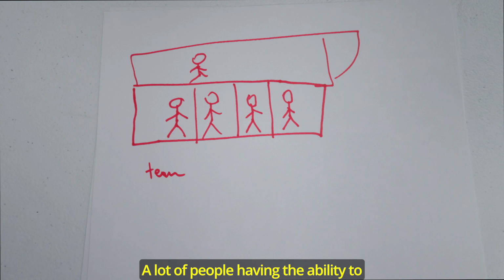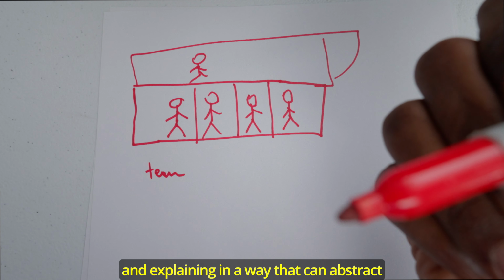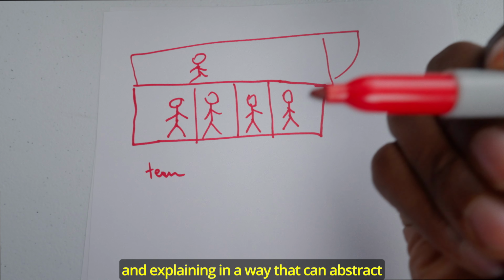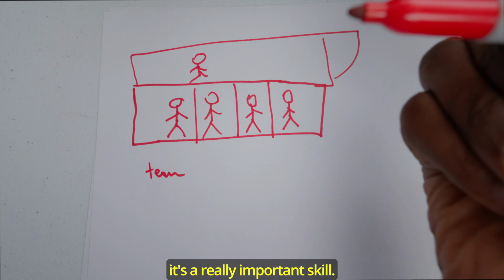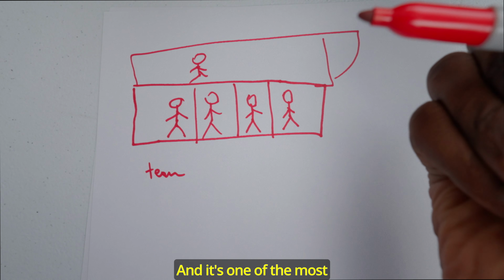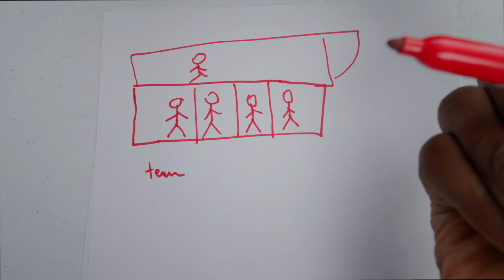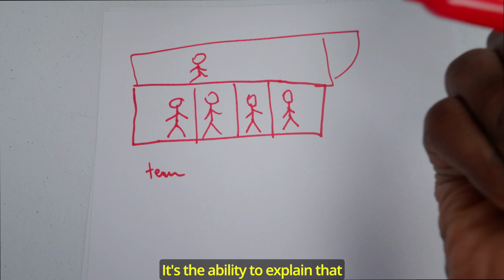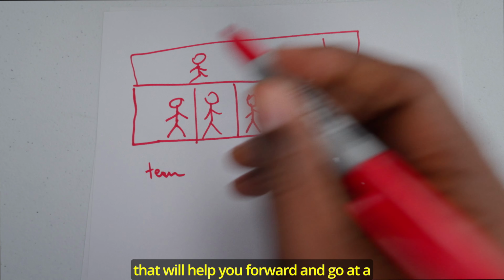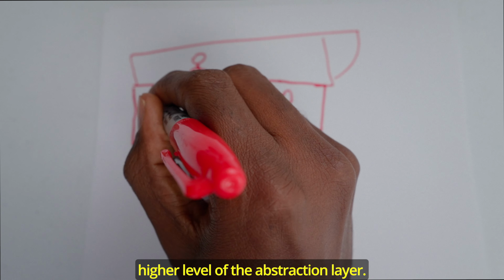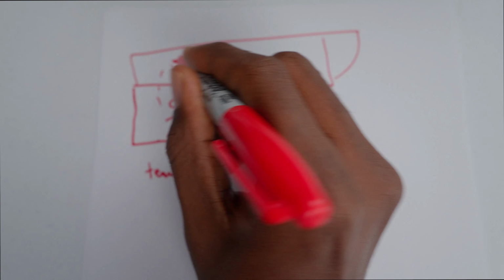A lot of people lack the ability to take something very complicated and explain it in a way that abstracts the details and communicates with someone else, and it's a really important skill. It's one of the most important skills that you can have. It's the ability to explain that complexity to people that will help you move forward and go to a higher level of the abstraction layer. Right.